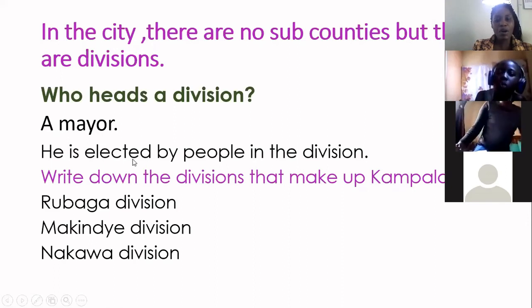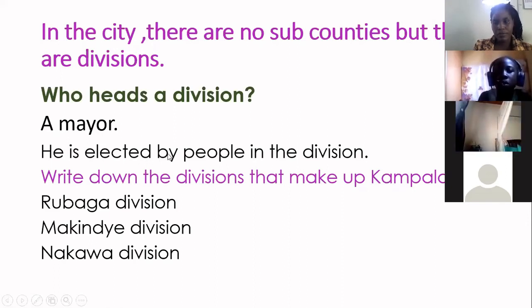If you are in Nsanji, in Chengera, the people who vote for the mayor in Chengera are only the people in Chengera.